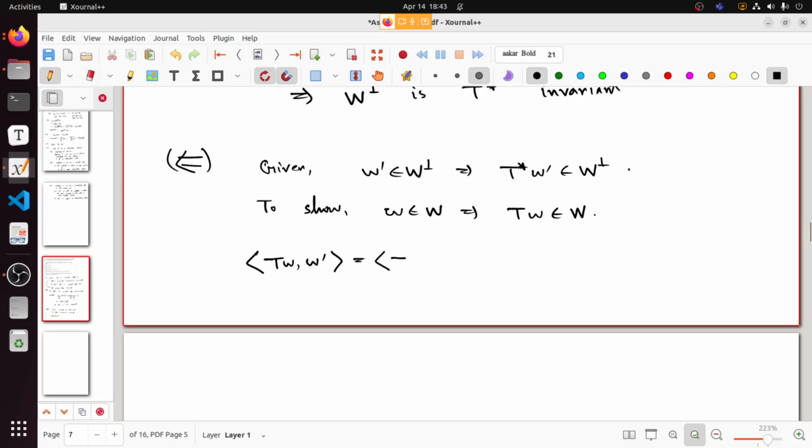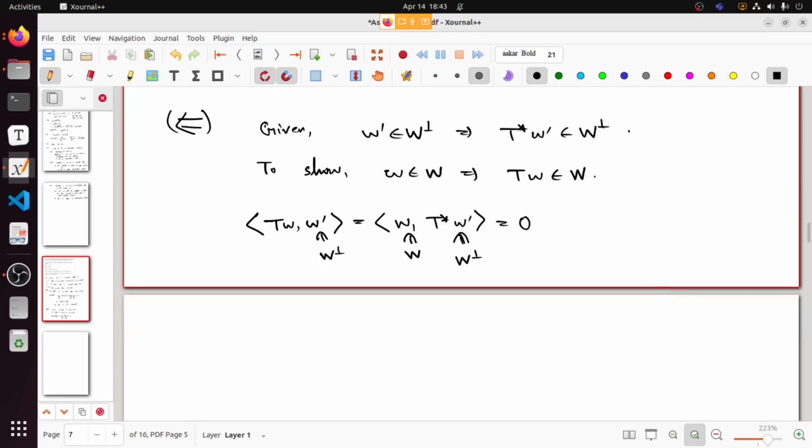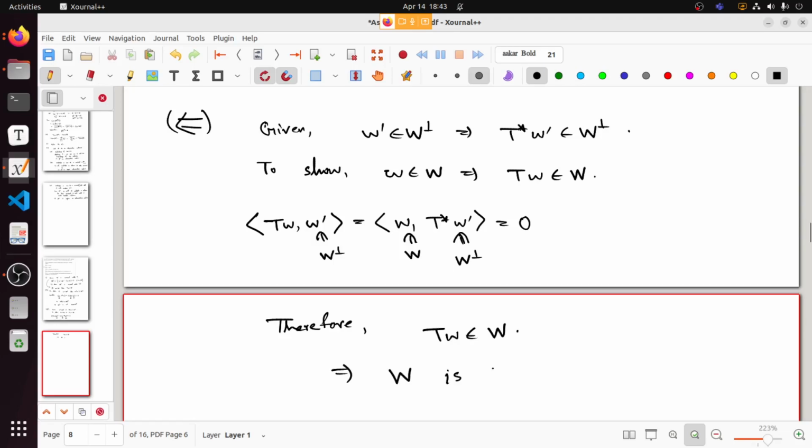It will be W inner product T star W'. We know this is in W and this is in W perp, so this is 0, so therefore TW will be in W, which implies W is T invariant.